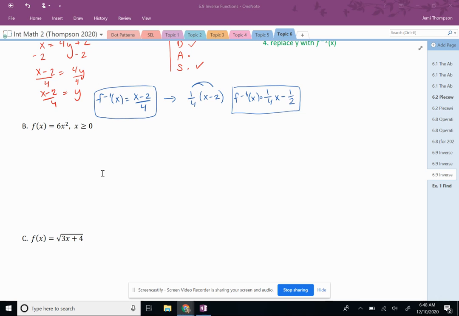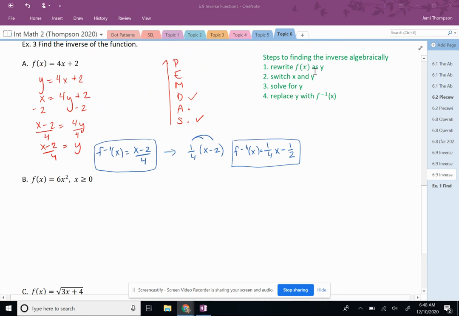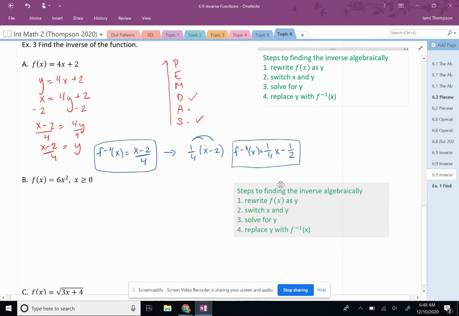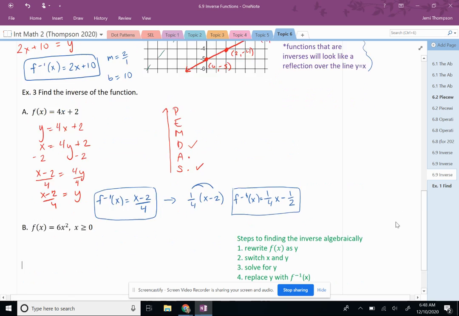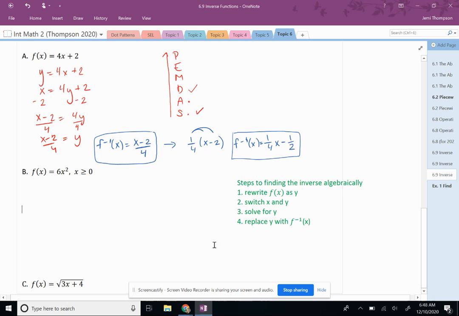So now that I have this condition, I am just going to use my steps for finding the inverse algebraically. And then I will look at this condition again afterwards.